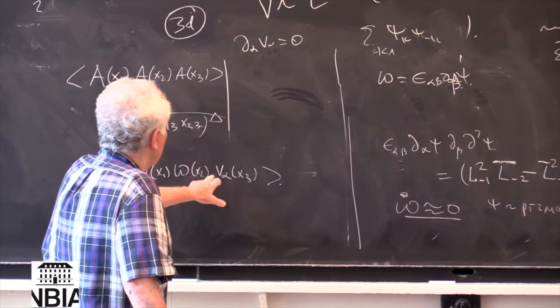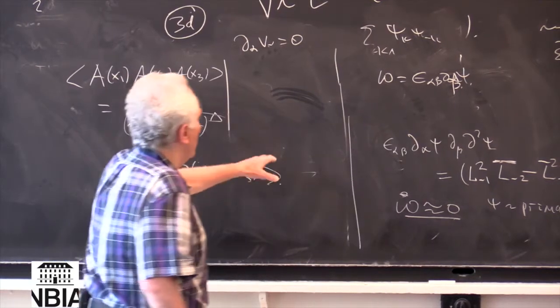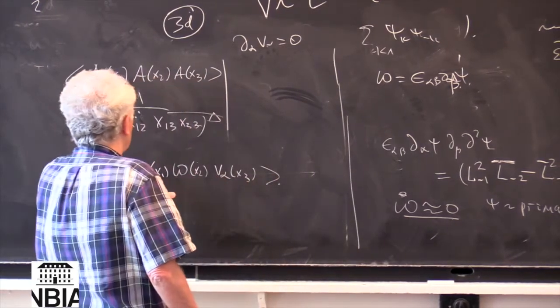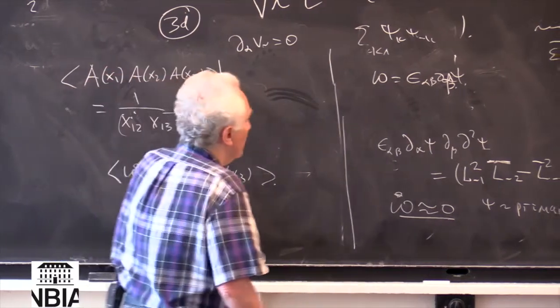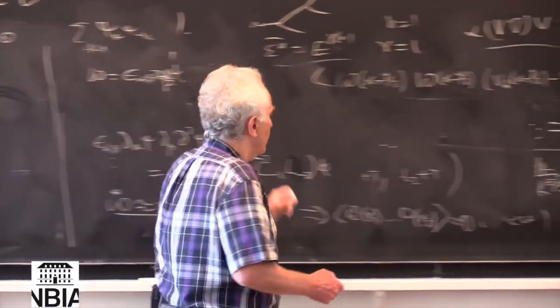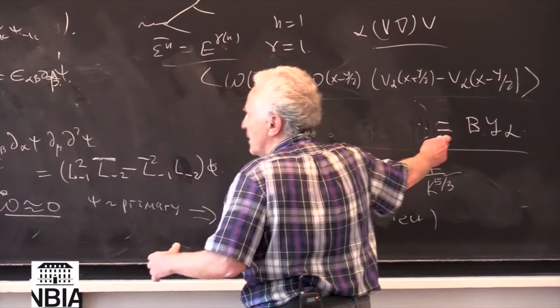When x3 coincides with either x1 or x2, this function should give a non-zero result.